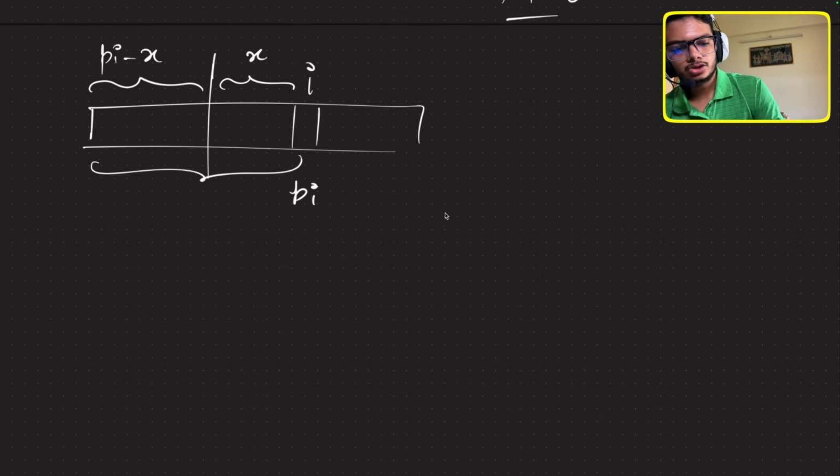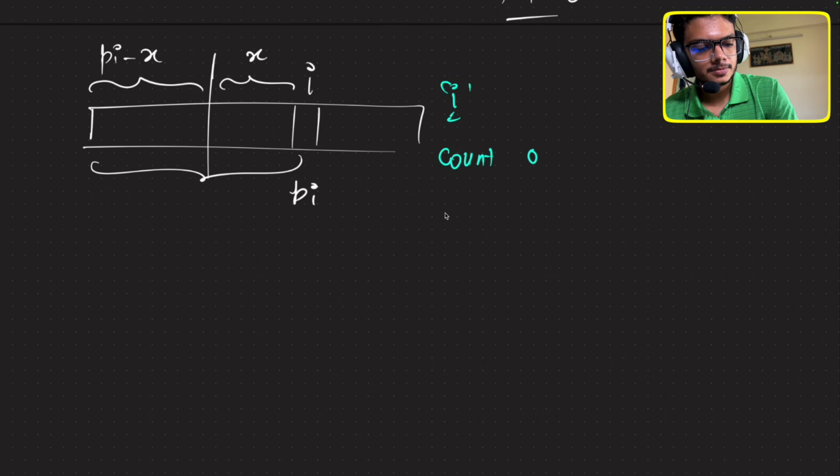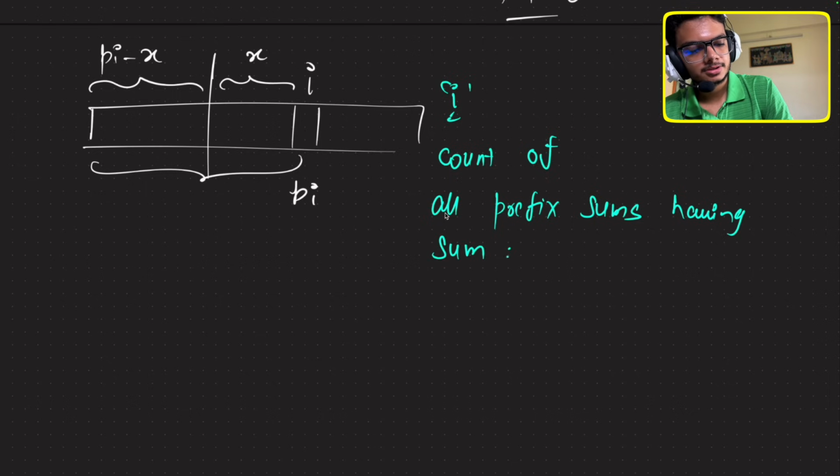So the contribution of i was the count of all prefix sums having sum y, which was nothing but pi minus x, right?